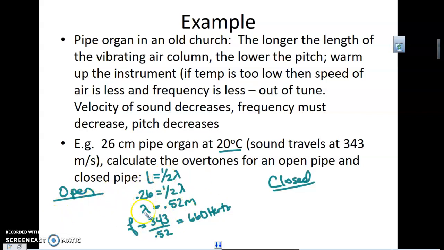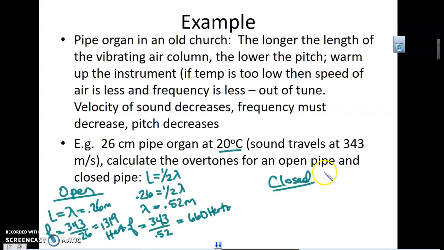This is our first harmonic or our fundamental. Our second harmonic, or what's sometimes called the first overtone, is that. This is 0.26 meter. Our frequency would be 343 over 0.26, and we get a second harmonic, first overtone, at 1,319 hertz.